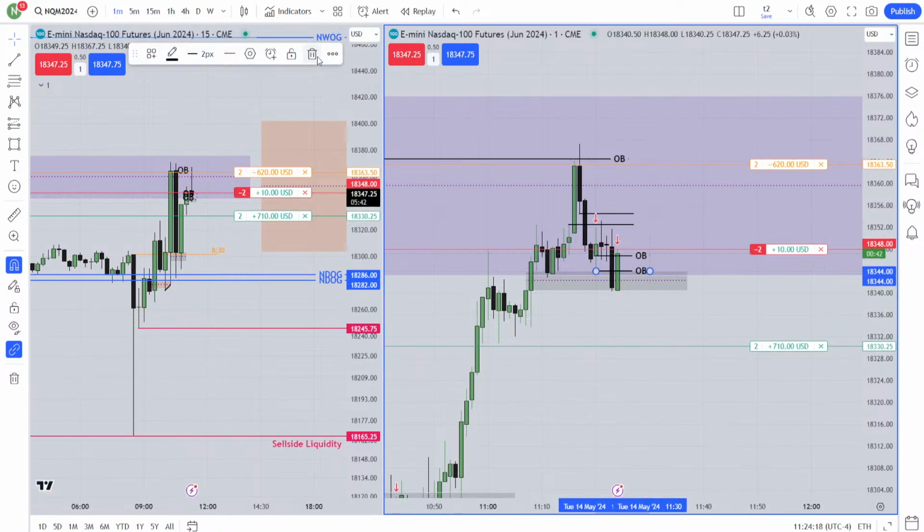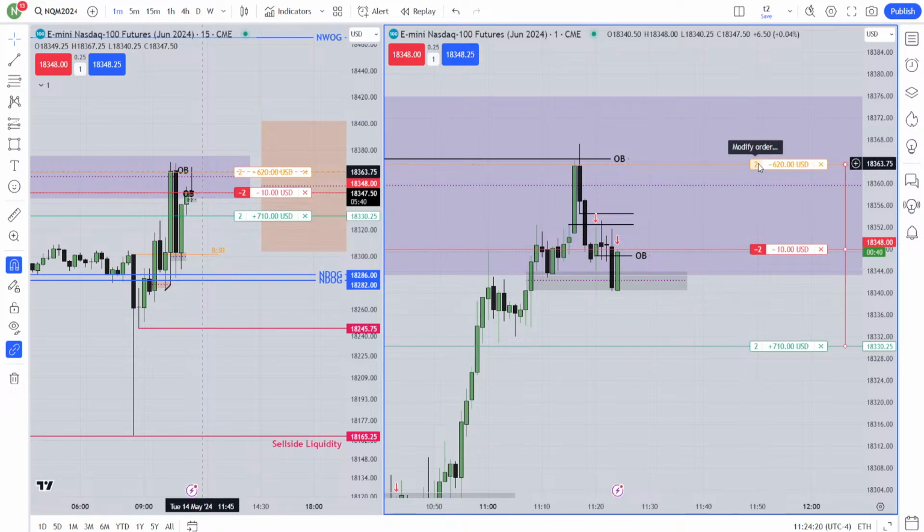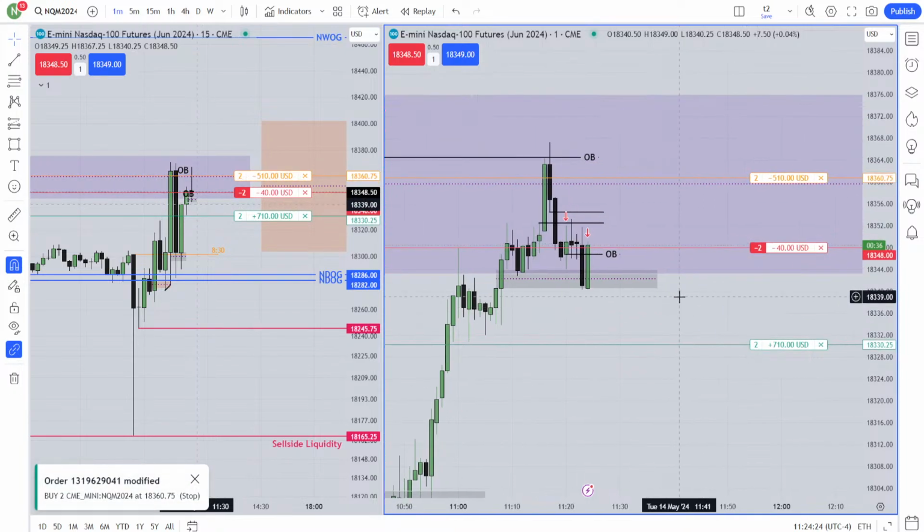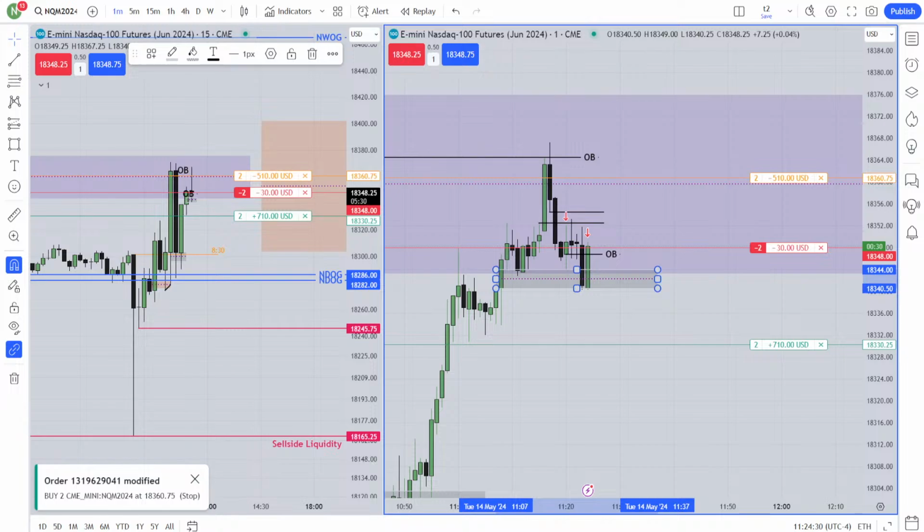The body didn't close below this fair value gap, not good, but yet it's cool.